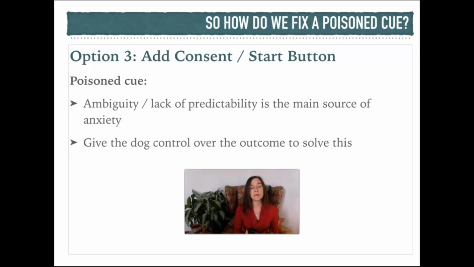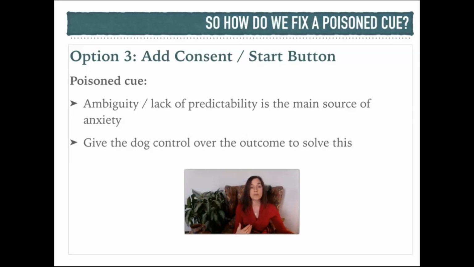This is how I solved my problem with Aoife, because I couldn't change the cue, because the cue wasn't the word, it wasn't her name, it was the whole context. It's the doorway. It's coming into my house. And that's so generalized with her. I mean, she does it in all doorways, in all places.